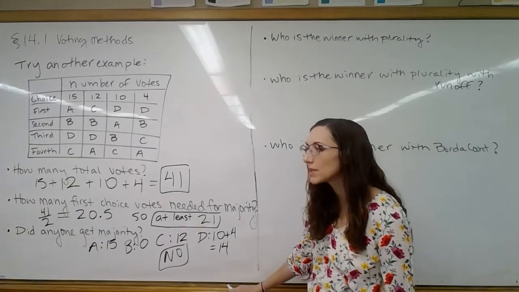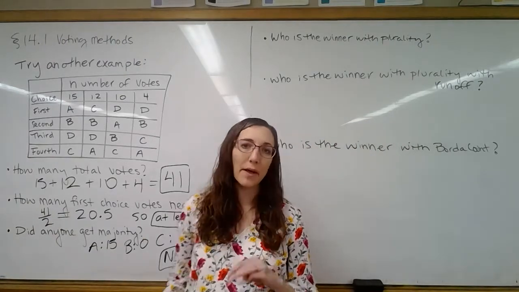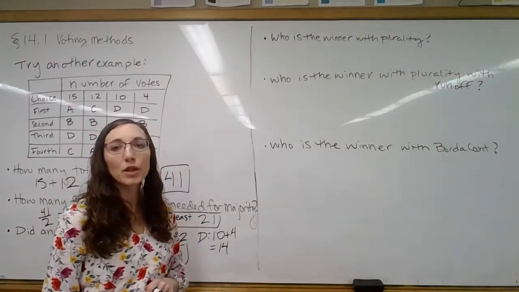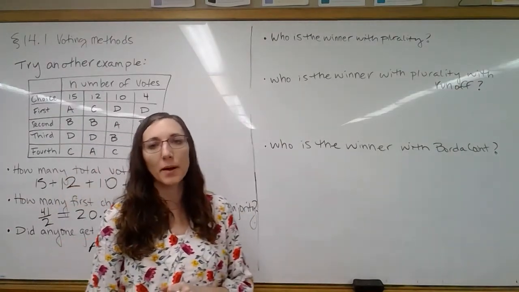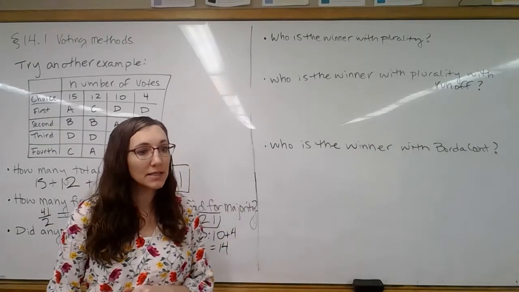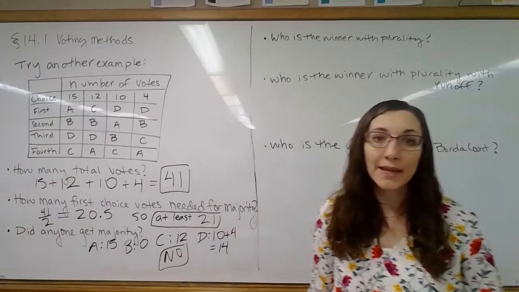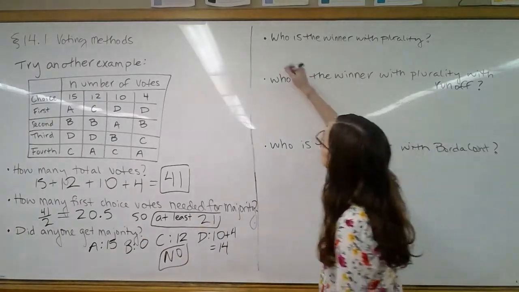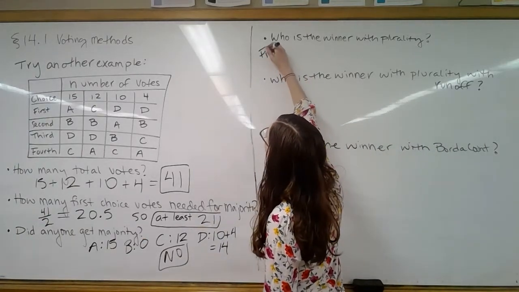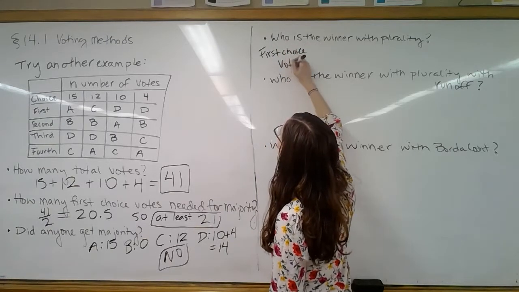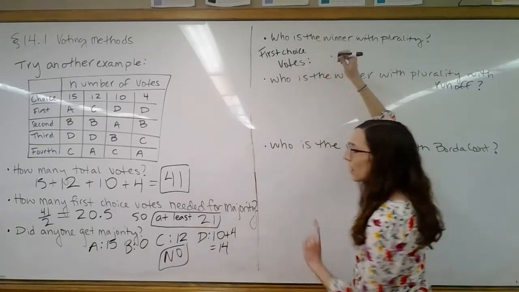Now let's practice our 3 different methods that we've learned so far. Let's first ask, who is the winner with the plurality method? We need to remember what the plurality method does. Plurality method looks at first choice votes and says who had the most. Well, it's actually what we just did, so let's just copy it over.